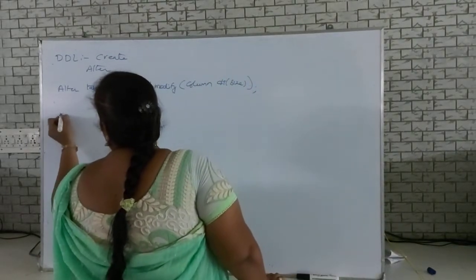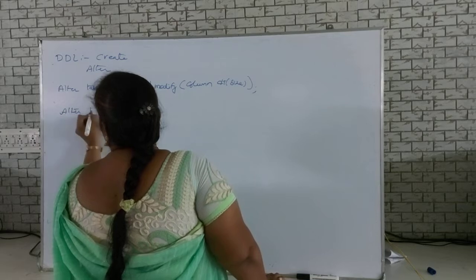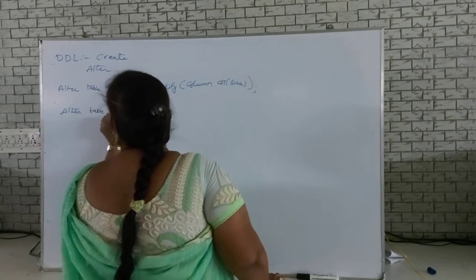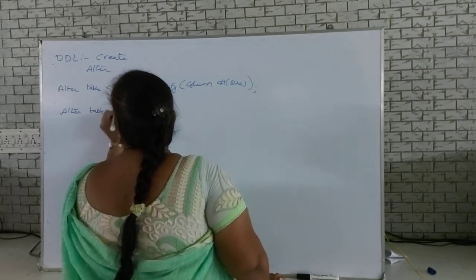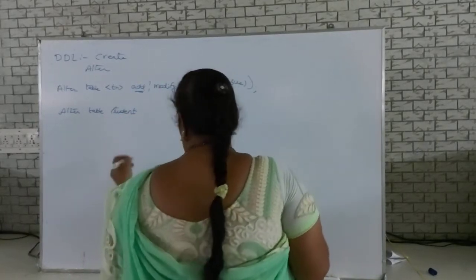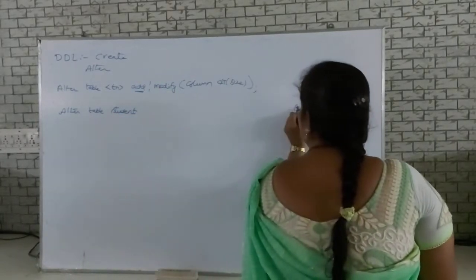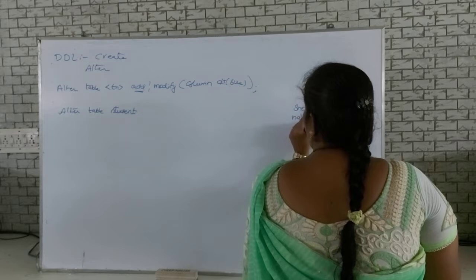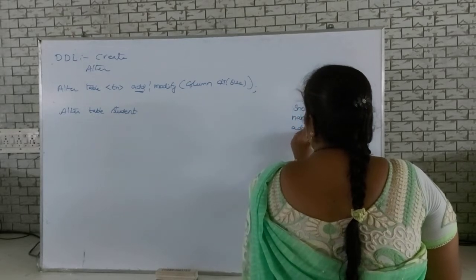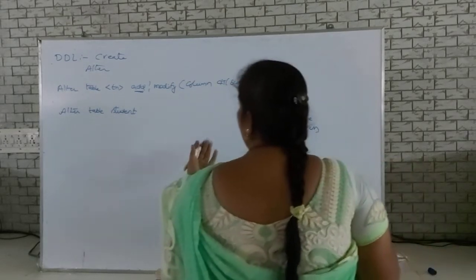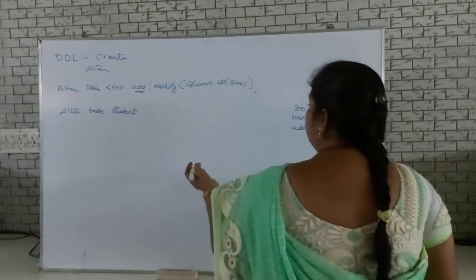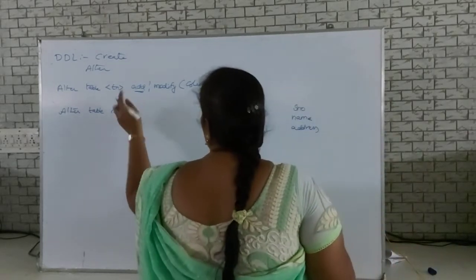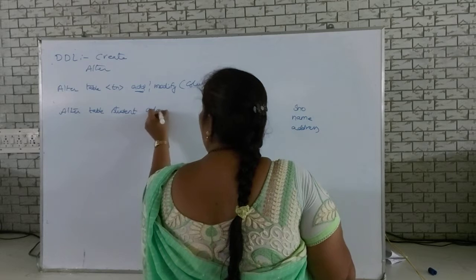For example, alter table student. Already we have written only serial number, name and address in the previous table. If we want to add a new column to the table, alter table is used, and we use the add command.